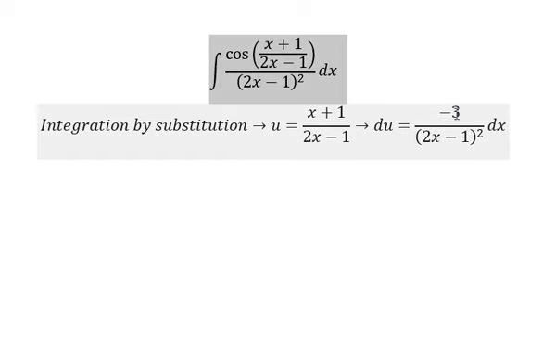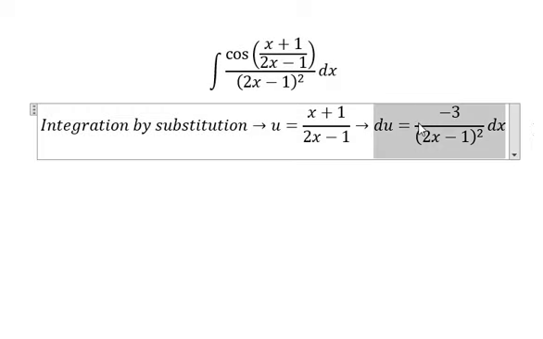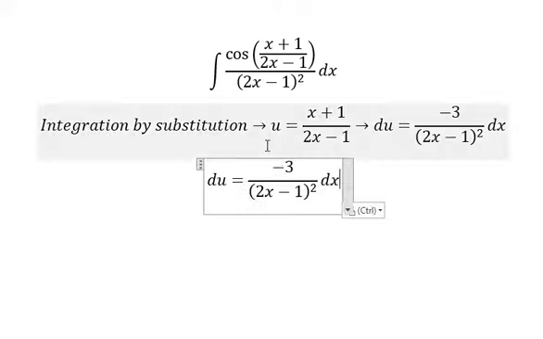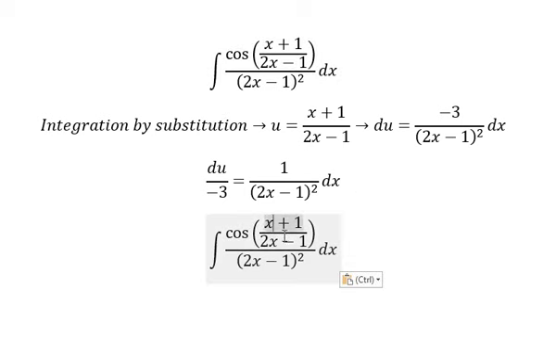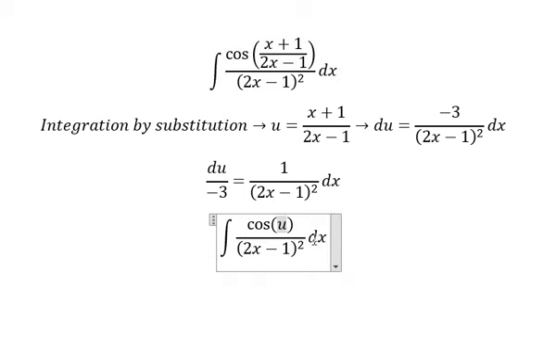Because we don't have negative number 3 in here, we need to divide both sides by negative number 3. So this one we change for u, and dx over 2x minus 1 squared we change for du over negative 3.